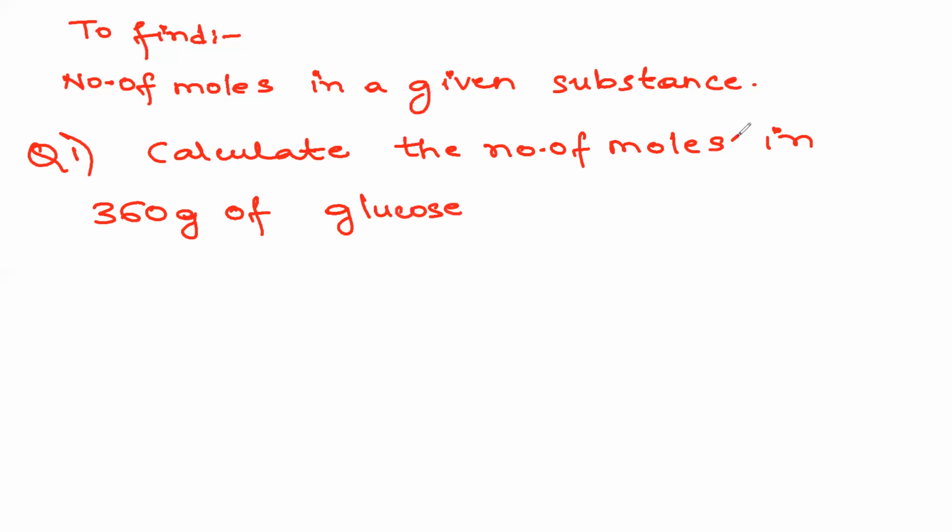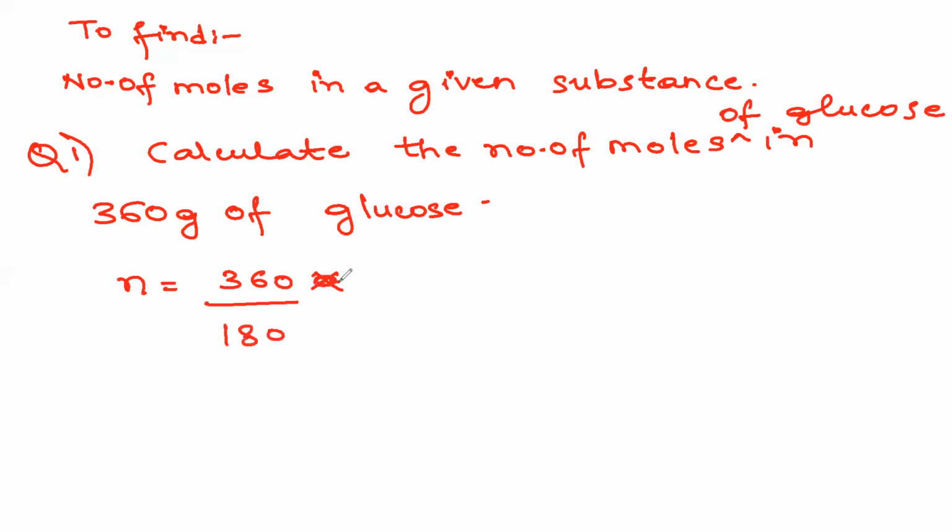Number of moles of glucose in 360 grams of glucose. It is very simple to find the number of moles. n is equal to given weight of glucose, that is 360, divided by molecular weight of glucose, that is 180. How did you get 180? Because the glucose formula is C6H12O6.